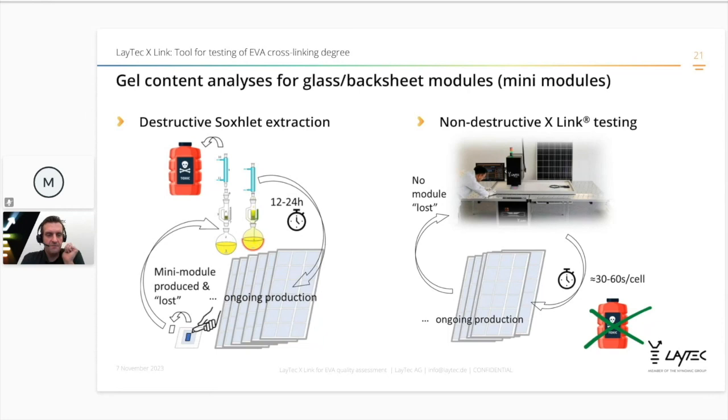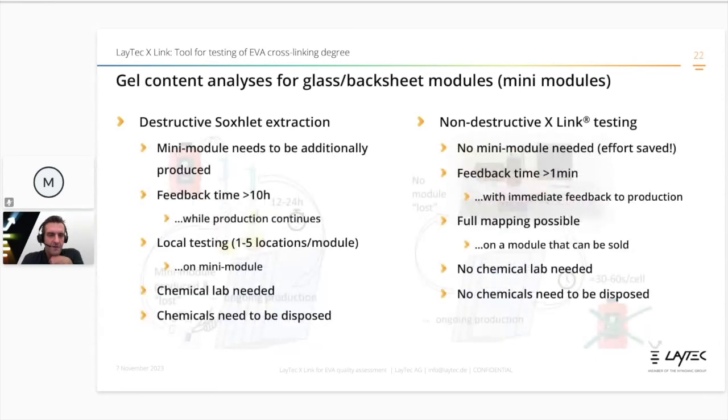Whereas in the case of backsheet modules, you can skip all of that and just use the tool on your ongoing production modules. You will get a first feedback after a couple of minutes and a full mapping after roughly an hour, with no waste having to be disposed of afterwards. So again, we're talking about feedback time of several hours versus some minutes. We're talking about local testing versus full mapping, and a lot of chemicals you have to deal with or not to deal with.